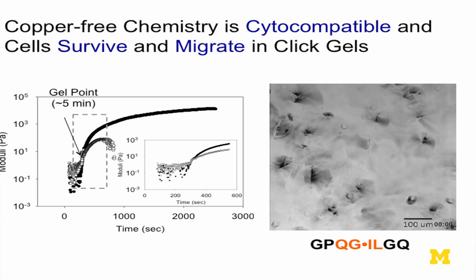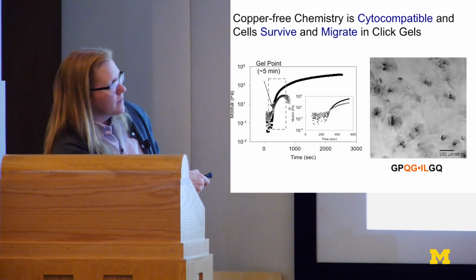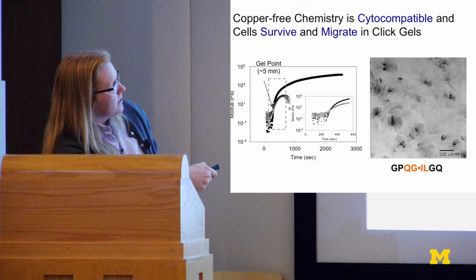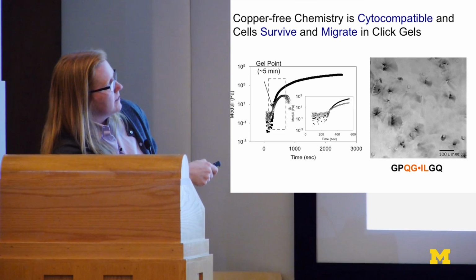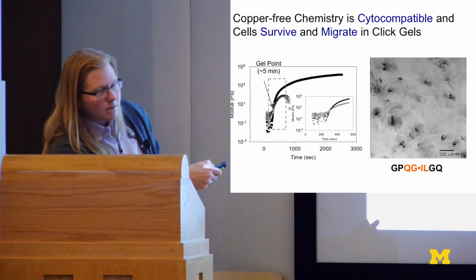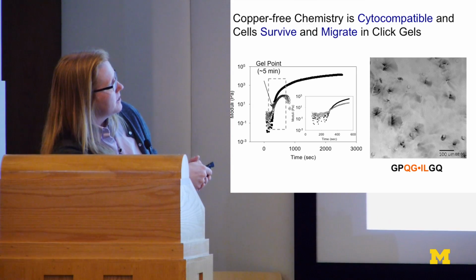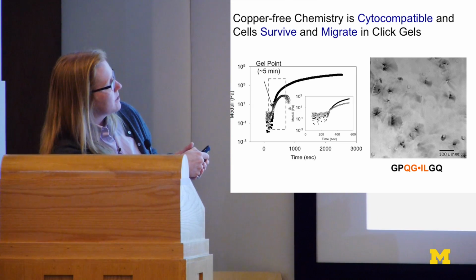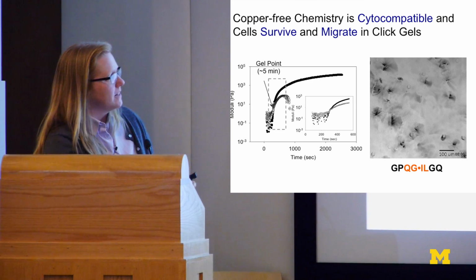And what I'll show you is that when you mix these two together and monitor now with the rheometer to monitor gel formation, so we're looking at the modulus as a function of time, you'll see that here the evolution of the gel takes tens of minutes, but there's no copper required, and the gel point, crossover's estimate of the gel point was about 5 minutes.